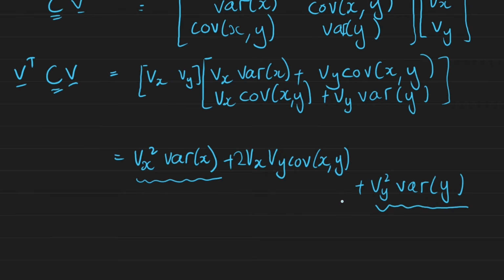So what this is saying is that our variance in this particular direction V depends on the covariance and the components of that direction in this particular way. So this final equation that we have is the variance in the direction of V.